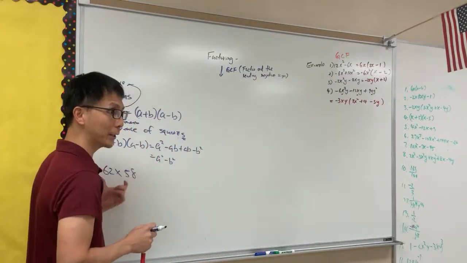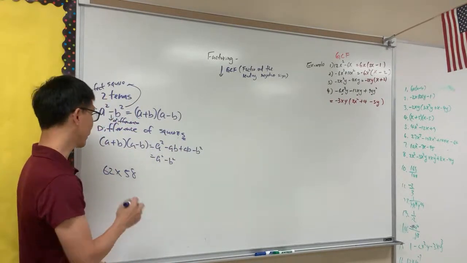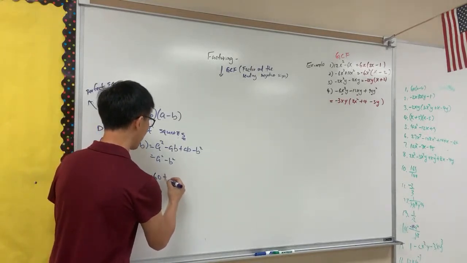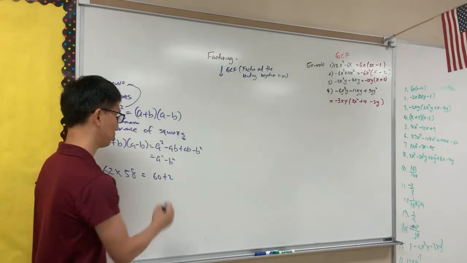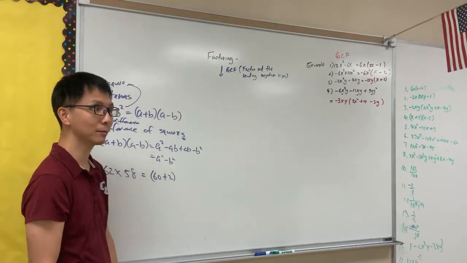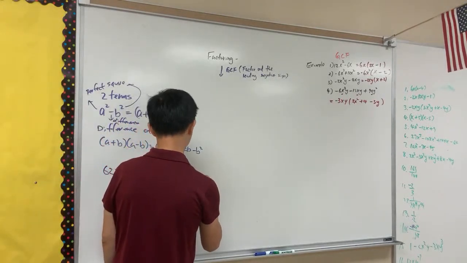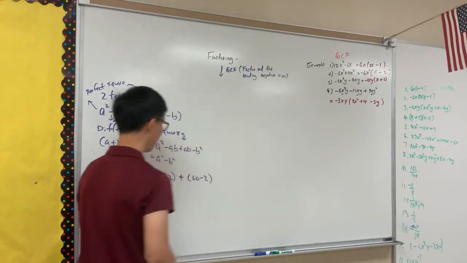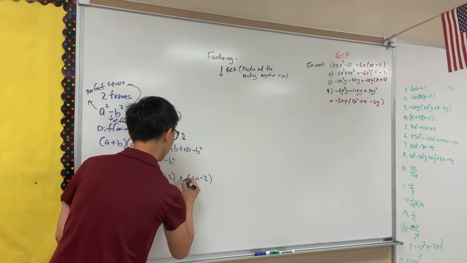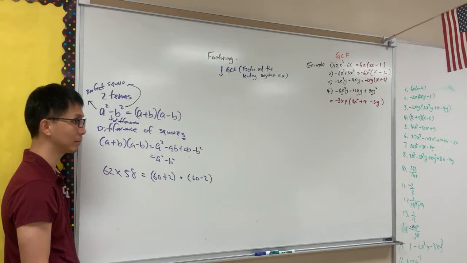I'm going to show you a trick. 62 is equal to 60 plus 2. And 58 is 60 minus 2, right?